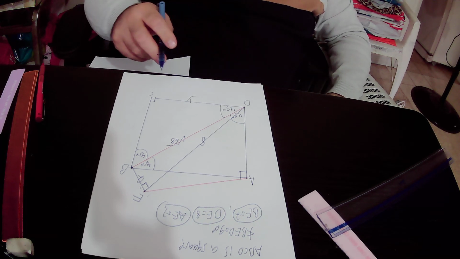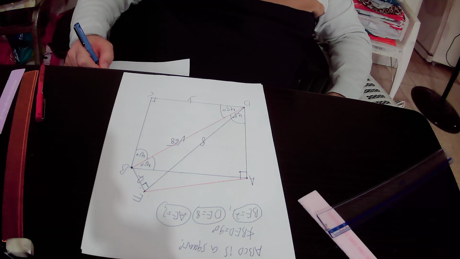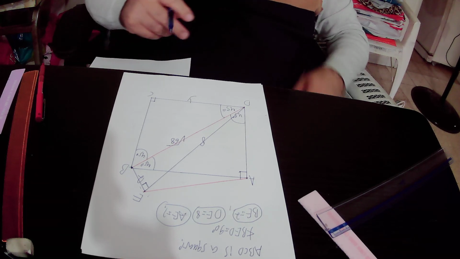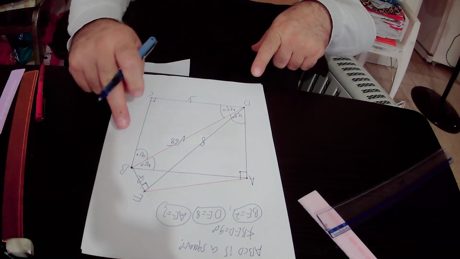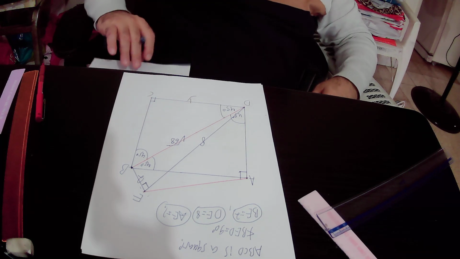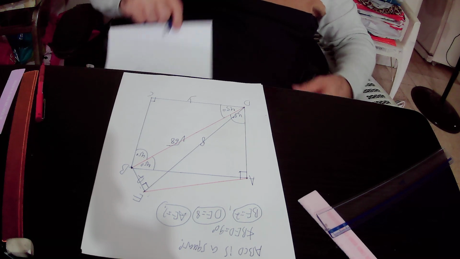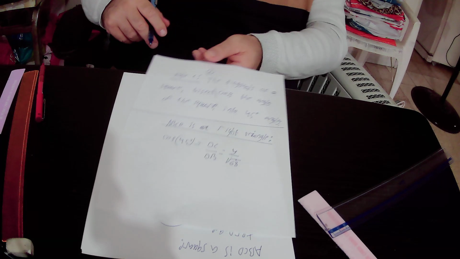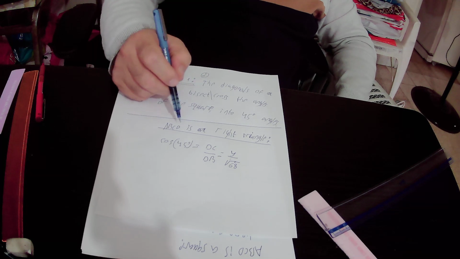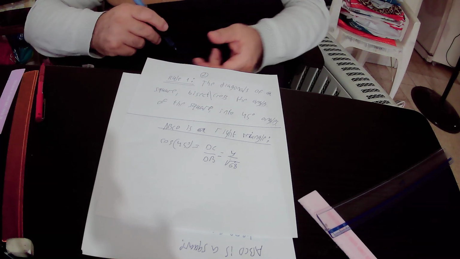But we defined DC as y, so we will substitute DC by y, and we have already found out that the diagonal DB equals the square root of 68 units. So in total we got that cosine 45 degrees equals y over square root of 68 units.